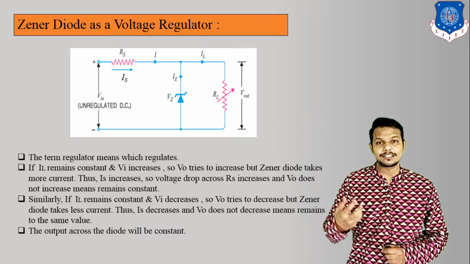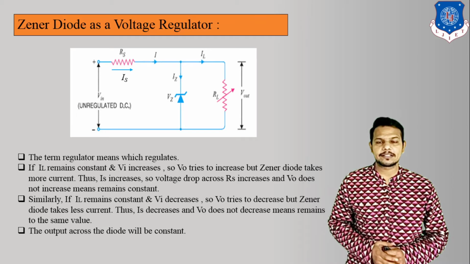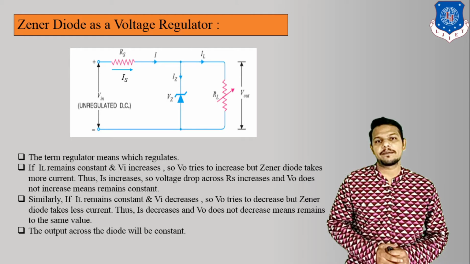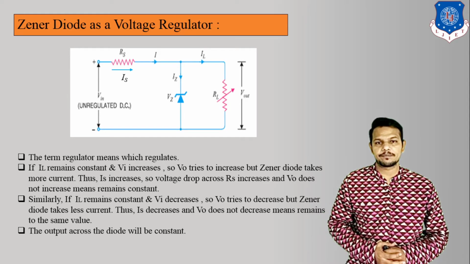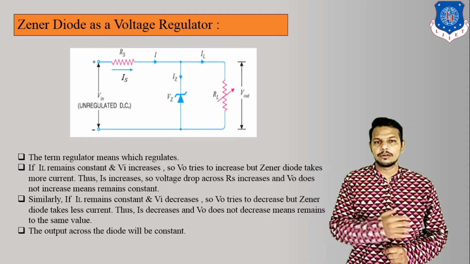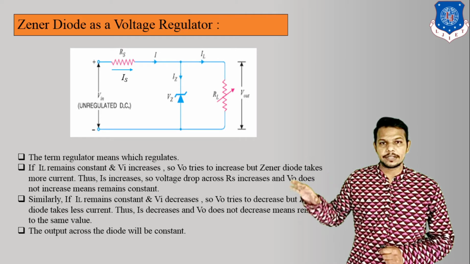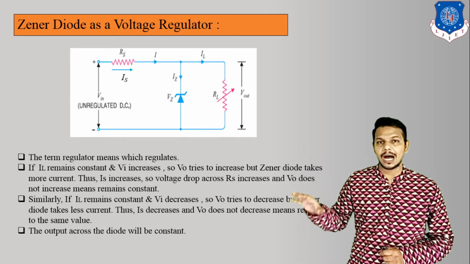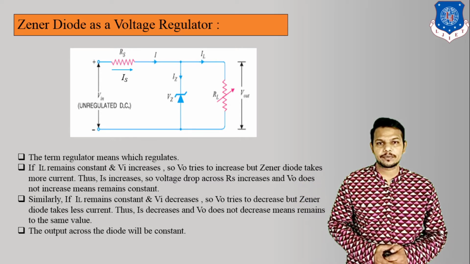The voltage drop is reduced, so VO does not decrease; it remains the same. Like this, it regulates the voltage. The output across the diode will be constant. So here is the explanation of how a Zener diode works as a voltage regulator.